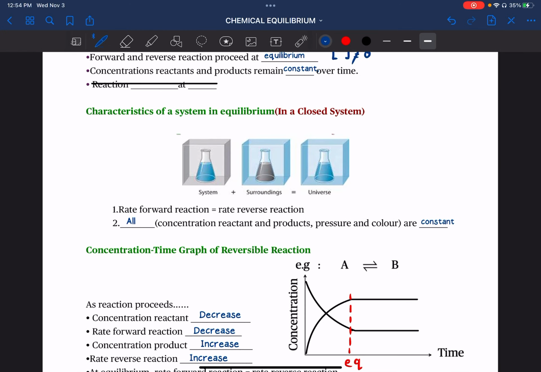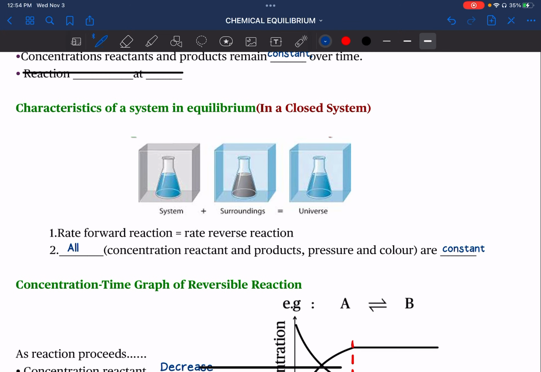Okay, so please add on in your notes what is meant by rate sebenarnya. Kalau ikutkan formula, rate is change of concentration over time. Okay, change of concentration over time. So this is the formula. So apa beza negative and positive?